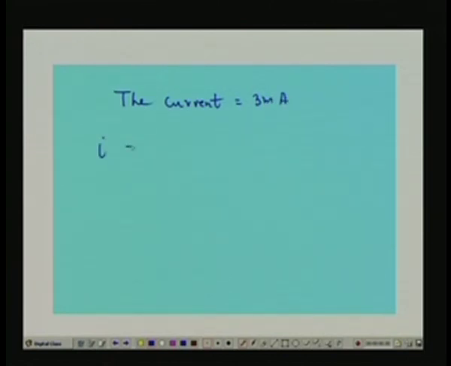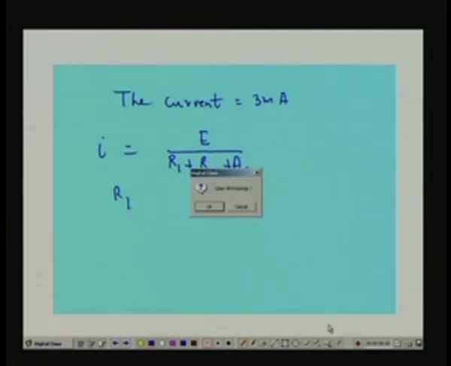So I is equal to the voltage E divided by R1 plus R2 plus RG.